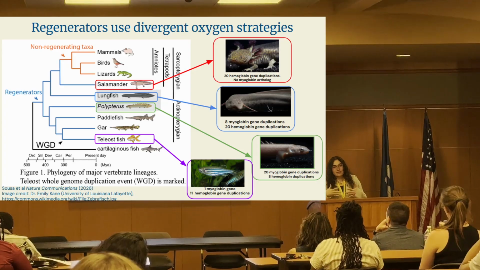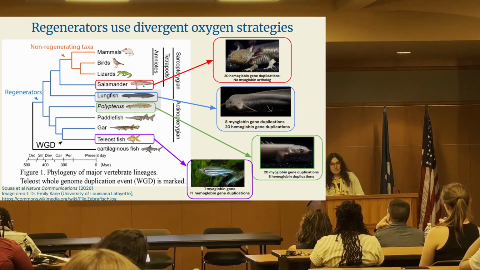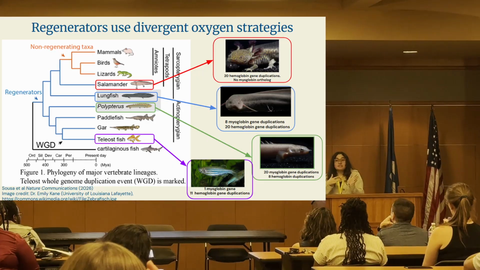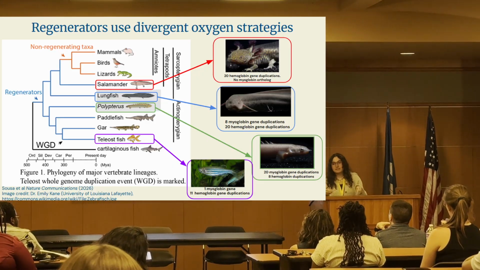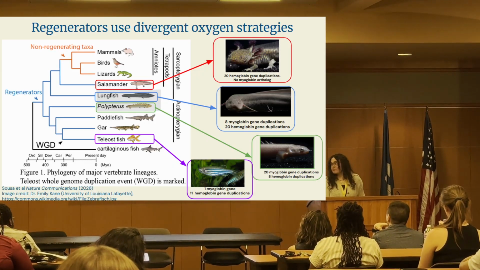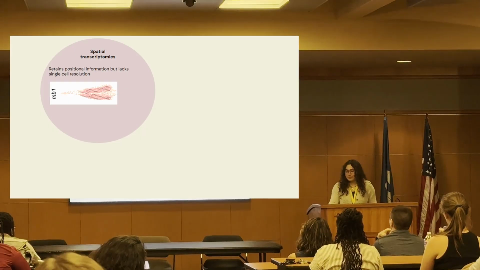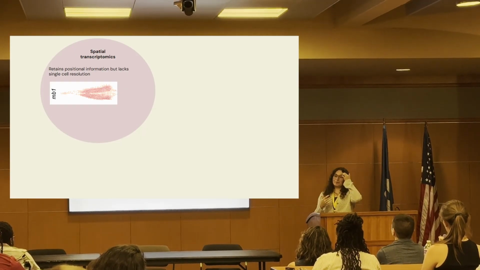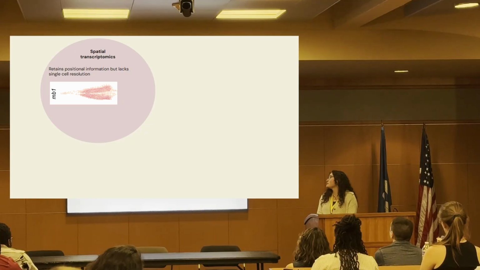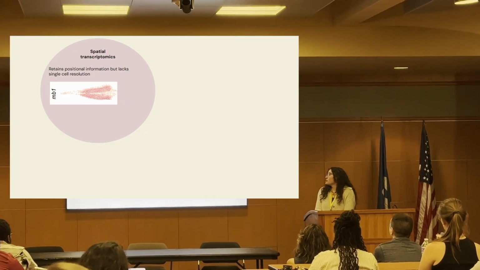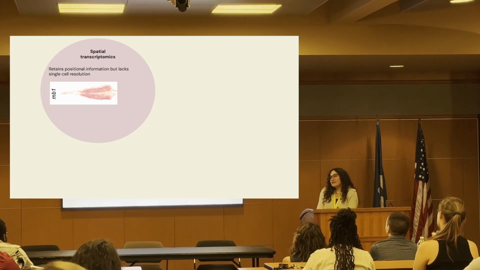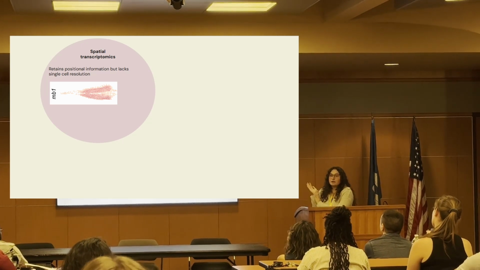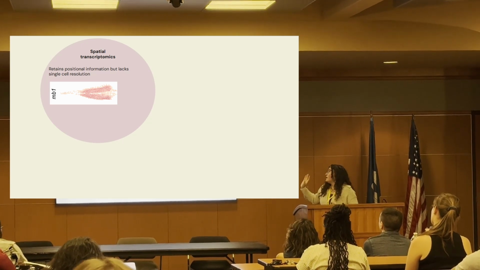But largely, it doesn't matter as much which globins they have, but which are expressed, and which are expressed differentially between homeostasis and regeneration. So there's a couple of ways we analyze gene expression. Like Isis mentioned in her presentation, we can use spatial transcriptomics, which all you really need to know about this technique is it's going to give you a sense of the spatial expression along the physical fin.